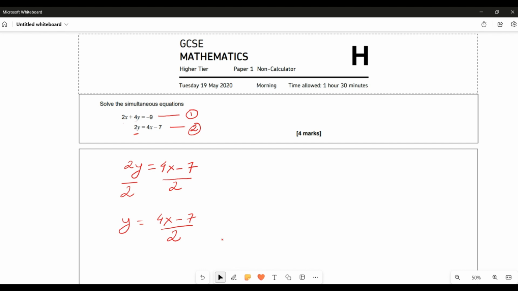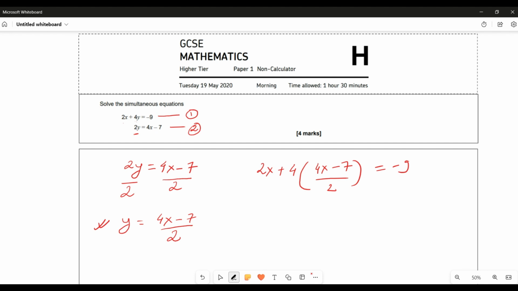Now from this you got the value of y, where y is the subject. Now simply take this value of y and substitute it into equation 1. Your equation will become 2x plus 4 times (4x minus 7) divided by 2 equals minus 9.